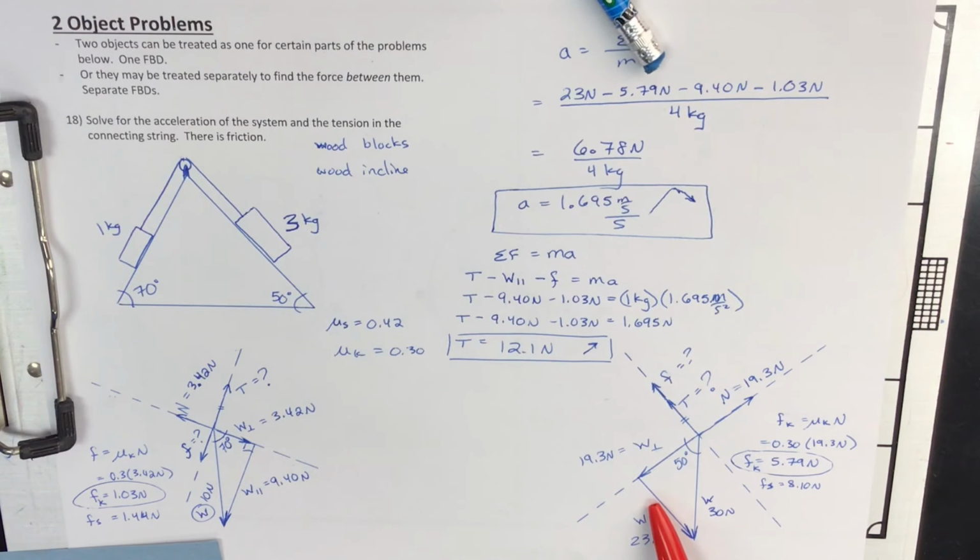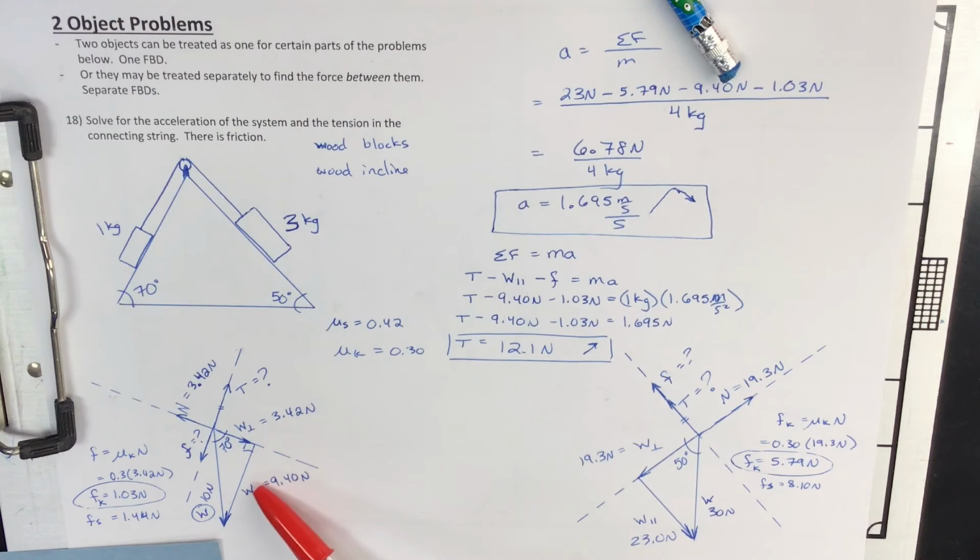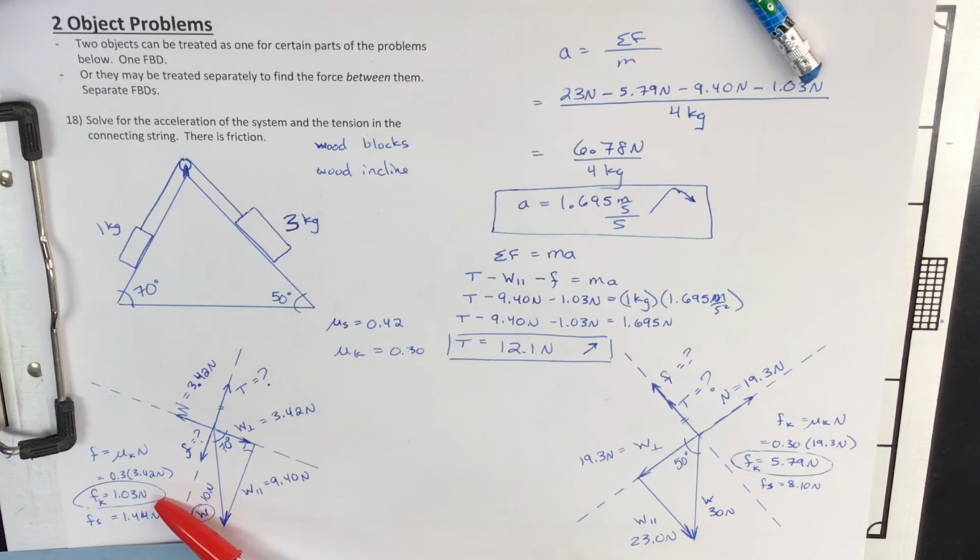And backward force, 5.79. What is that? Oh, that's the friction force. So we've got the forward force pulling it down the incline, this thing, minus the friction force, all on this object right here. And then minus 9.40 newtons, minus 1.03.